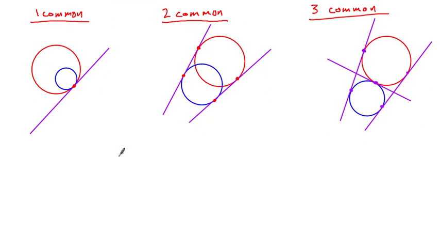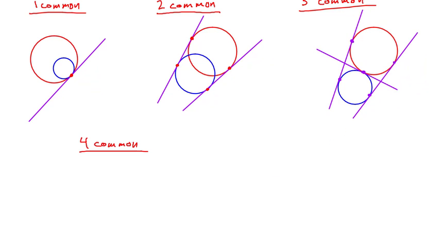And we're going to do four. It'll be four common tangents. That's when you have two circles that actually don't intersect at all. So we're going to have one here and one here. So we start making our common tangents.